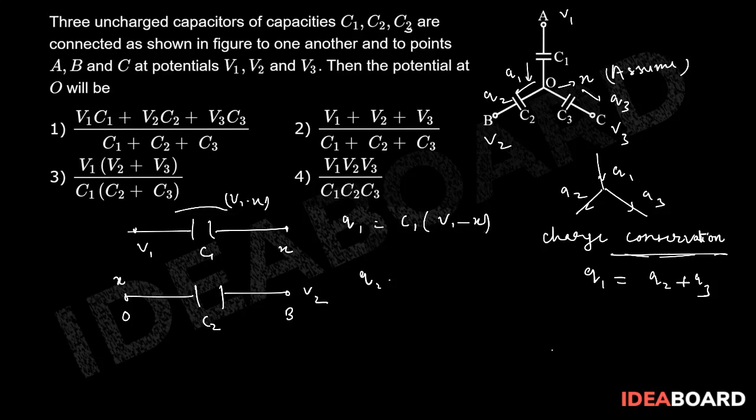So Q2 is equal to C2 into (X minus V2). Because charge is flowing in this direction, I am assuming positive to negative, so X will be at higher potential, and similarly Q3 is equal to C3 into (X minus V3).